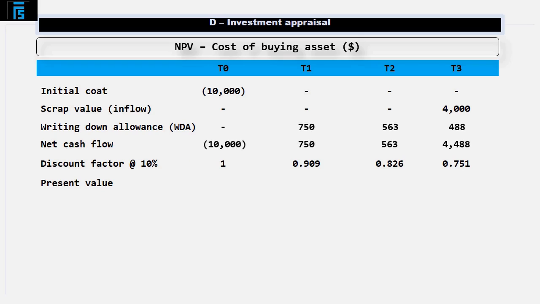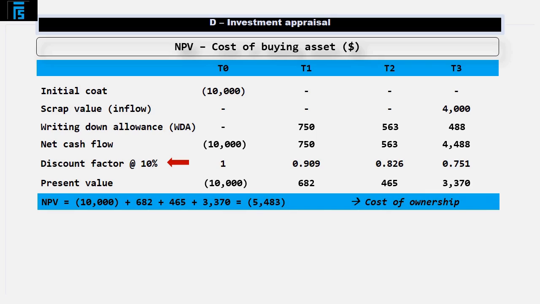Let's now add up, multiply by the discount factor to give us the present values. If we add up the present values, we get a cost of, so negative, $5,483. Firstly, don't be put off by the fact that this is negative. We're only considering the cost of ownership.